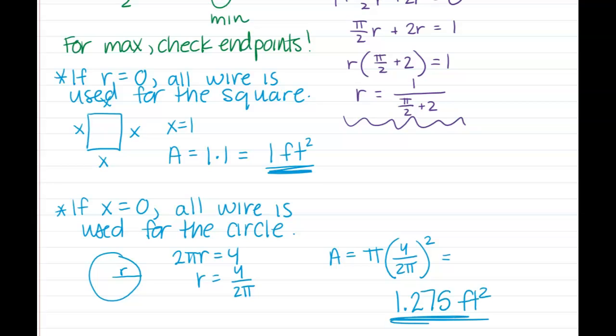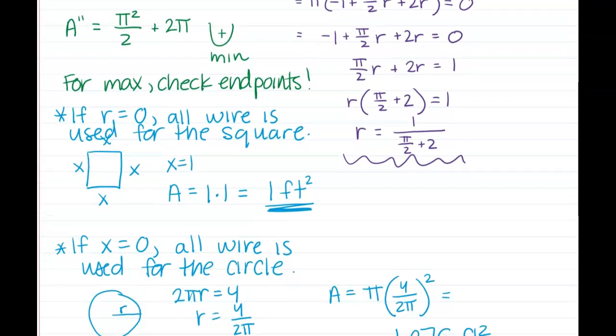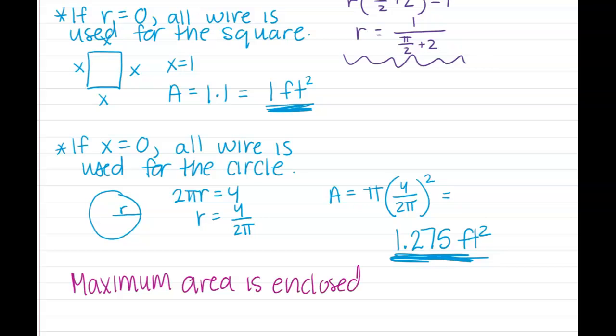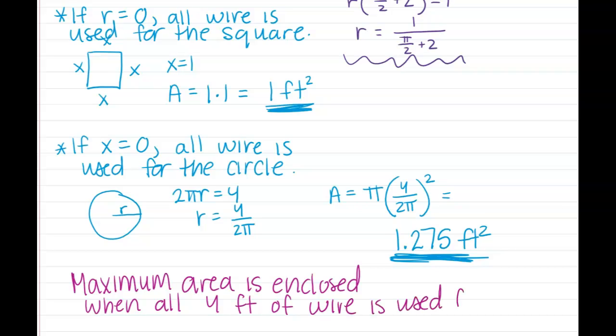And so, okay, we had 3 options here. We had our critical point, that was a minimum, no good. We have 1, and we have 1.275. Well, what's bigger? 1.275. What does that mean? Well, it means the maximum area is enclosed when all 4 feet of wire is used for the circle.